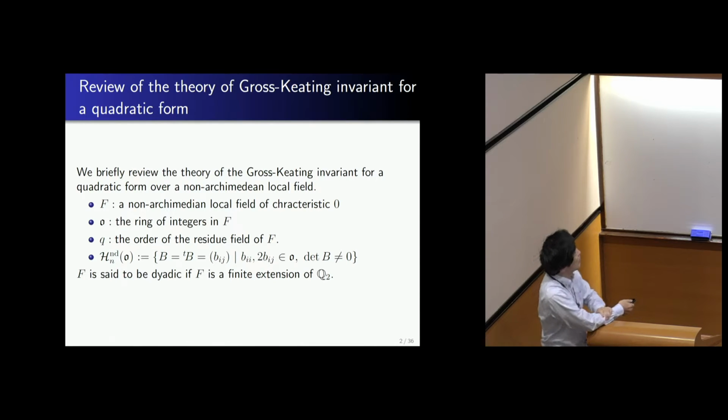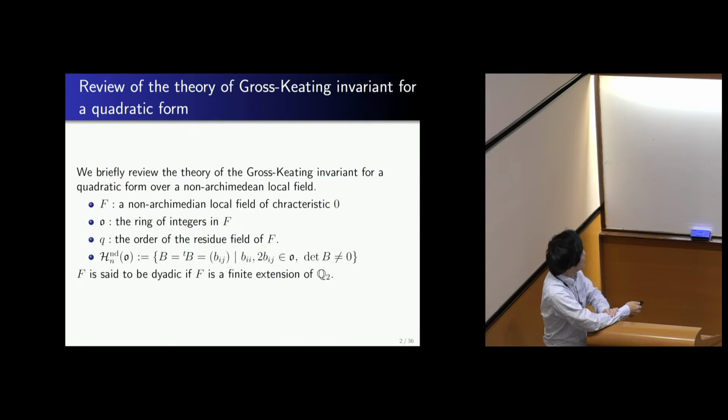Let F be a non-Archimedean local field of characteristic 0, and O the ring of integers in F. q is the order of the residue field of F, and H_n(O)^ND is the set of half-integral symmetric matrices.